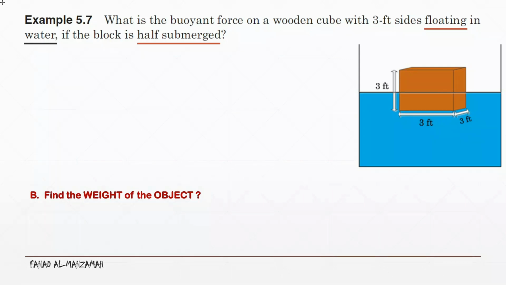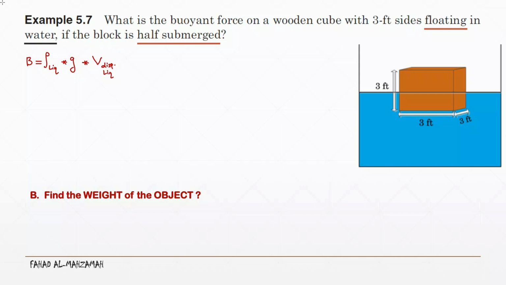Now, from what we understand, he asked for buoyancy, so let's write the buoyancy formula. Buoyancy is equal to rho of liquid multiplied by the acceleration of gravity multiplied by the volume of only the displaced liquid, not the whole liquid, the displaced liquid only.